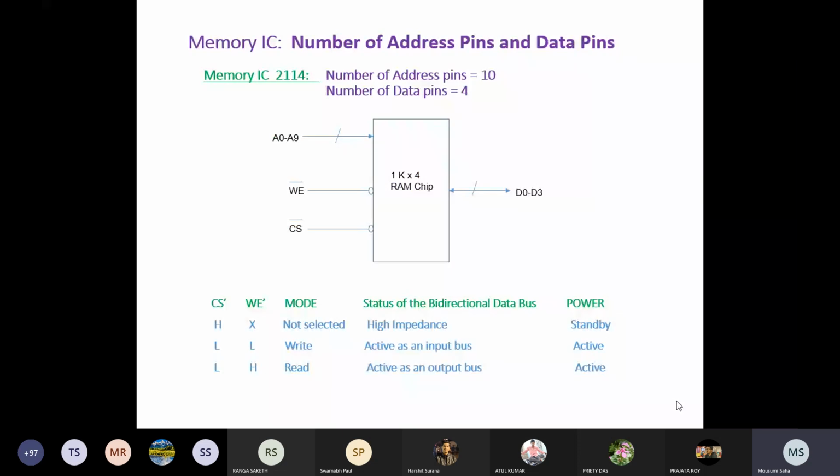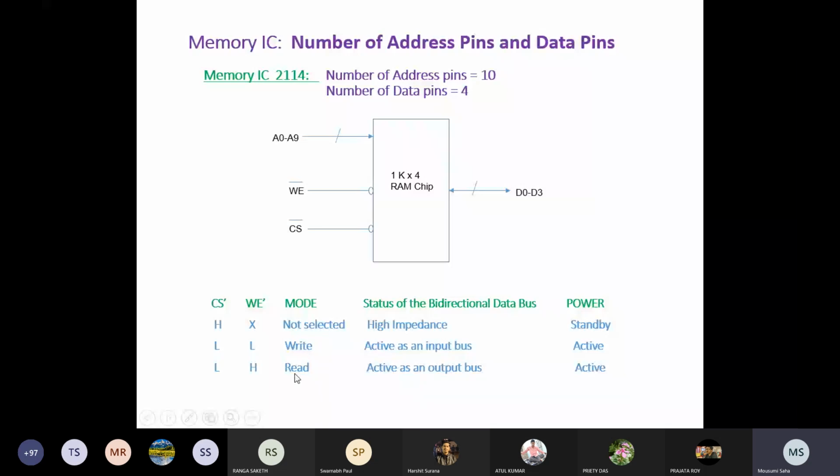Just see this table I have written here: chip select bar, WE bar, mode, and status of the bidirectional data bus and power. Here you can see that when WE bar is low, it is a write operation. When it is H, that means high, it is a read operation.